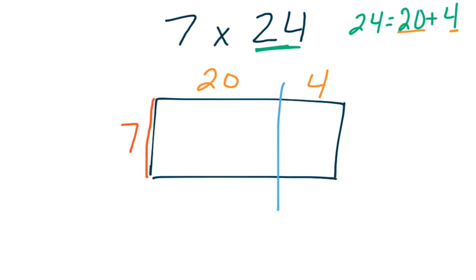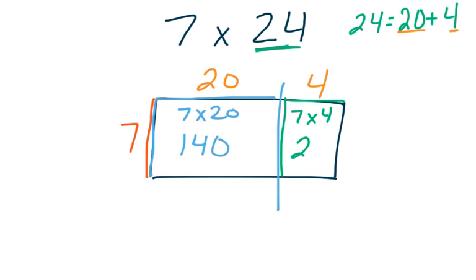Now, I'm going to write my multiplication facts for those different areas inside of the box. So this is 7 times 20. And this piece over here is going to be 7 times 4. When I multiply 7 times 20, I get 140. 7 times 4 is 28.